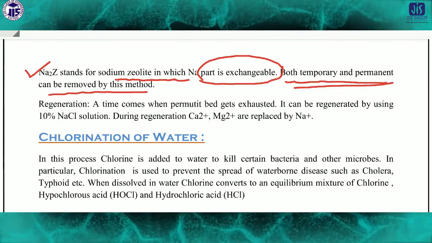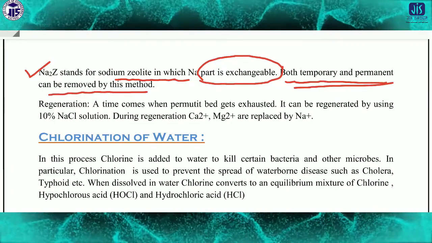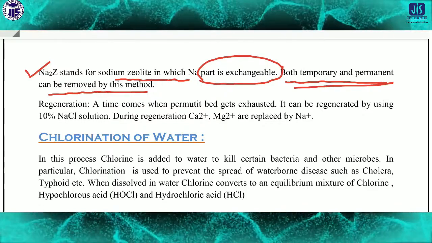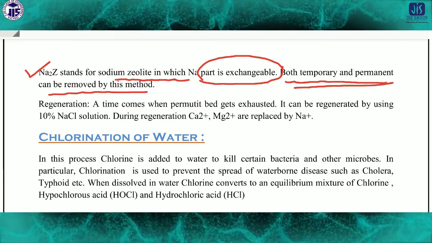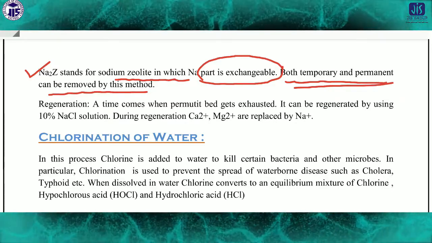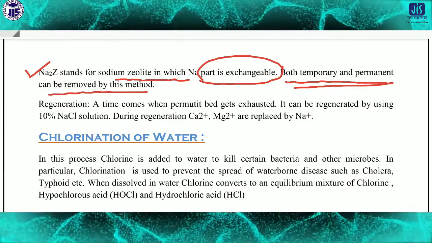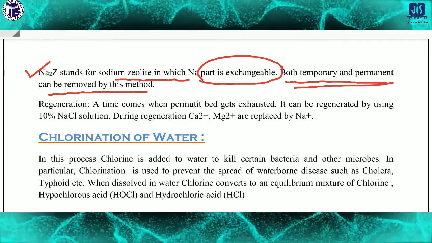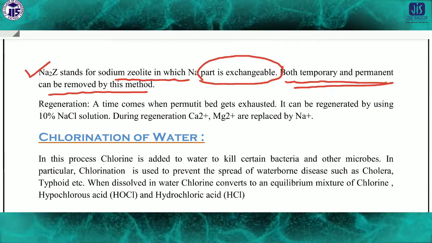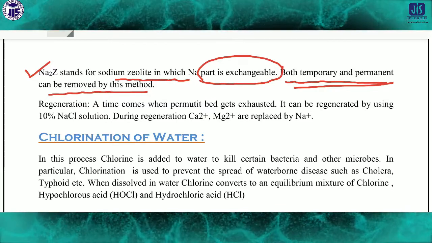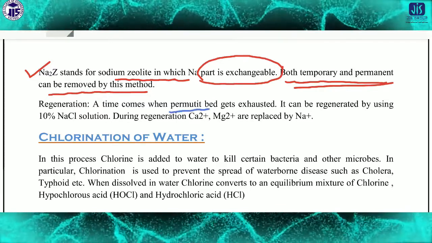That's why it is written that if we pass the water through the permutit bed, then automatically both types of hardness, temporary and permanent, will be removed. There will be a time when the permutit bed gets exhausted.